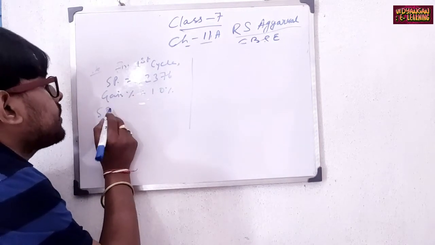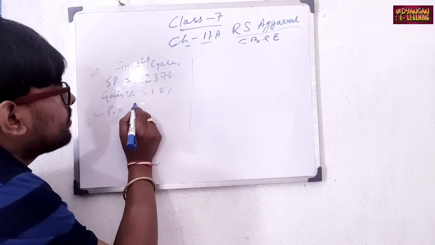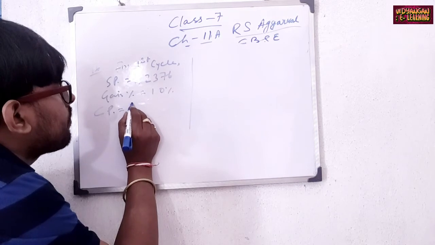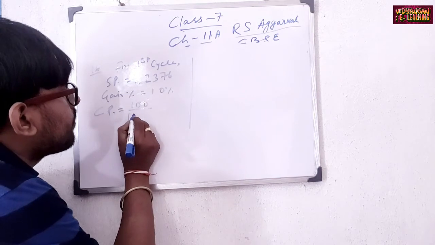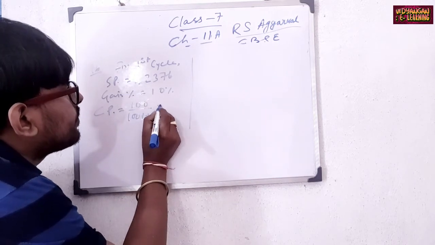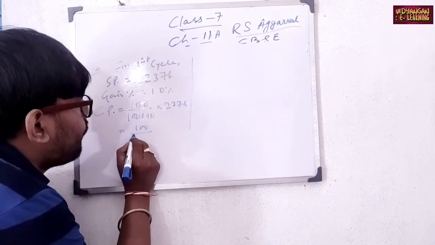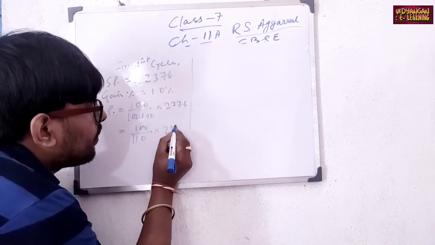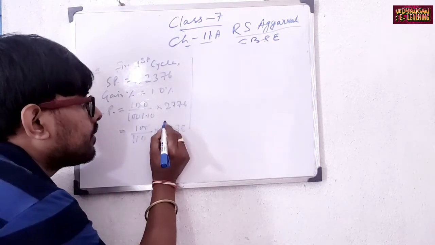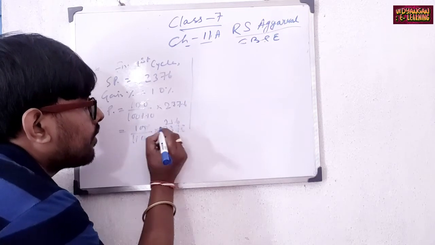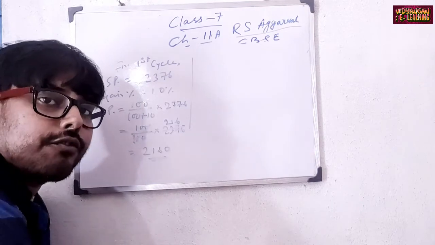So the cost price is this one. Cancel. So 2160 was the cost price for the first cycle.